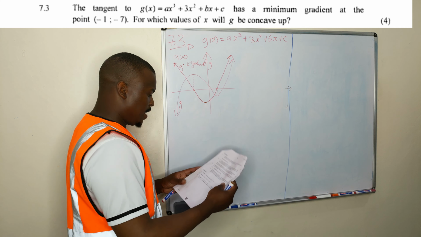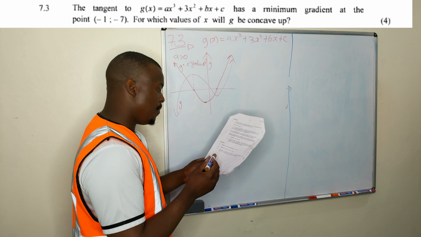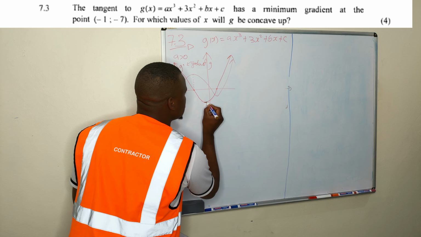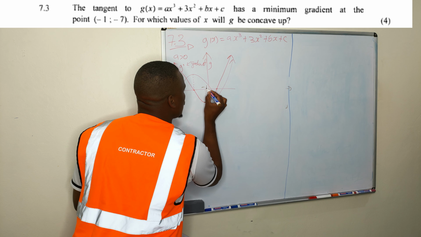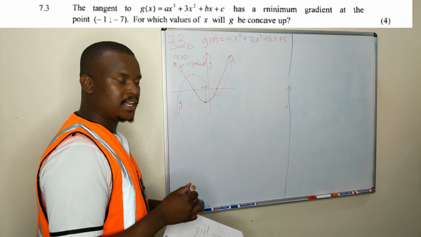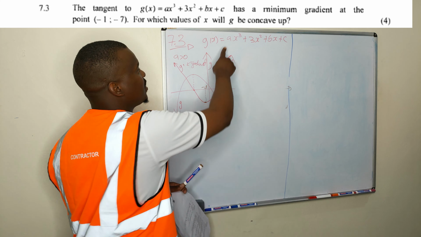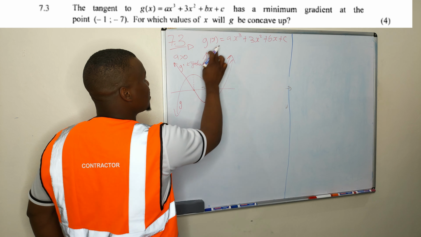Okay, so now you are told that the smallest gradient is found at x = -1. So you know the x value here of the smallest gradient. This here is -1, right? So to optimize the gradient, the gradient function is the derivative of that one.